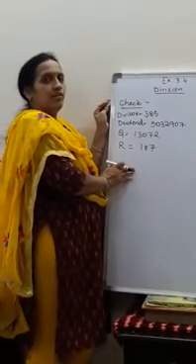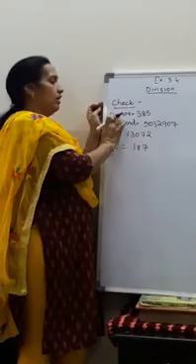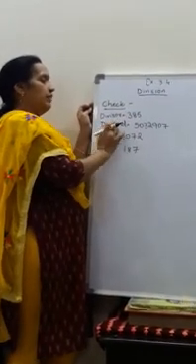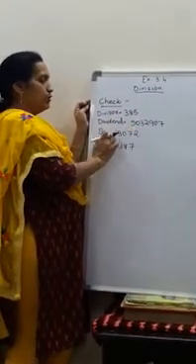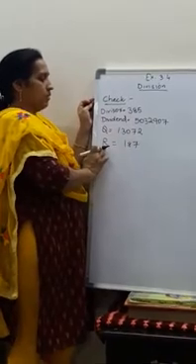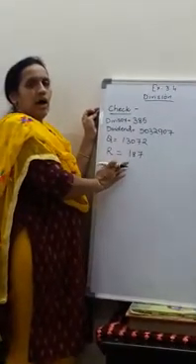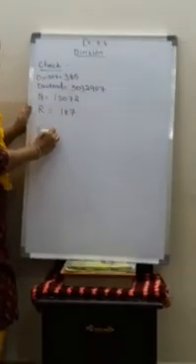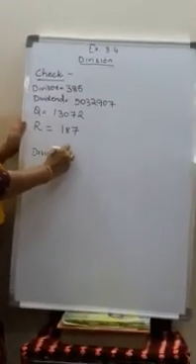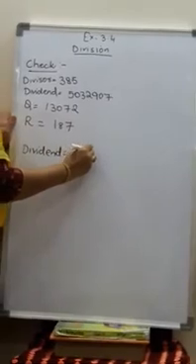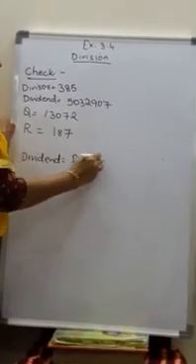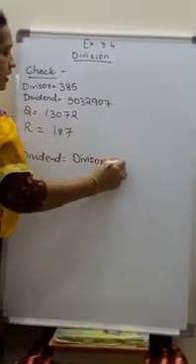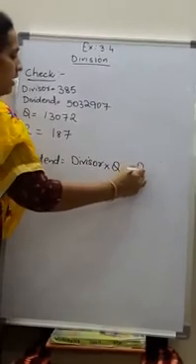Here we finished our division and we got the divisor as 385, the dividend is the number, the quotient is 13,072 and the remainder is 187. Now how to check? The check is: dividend is equal to divisor into quotient plus remainder.